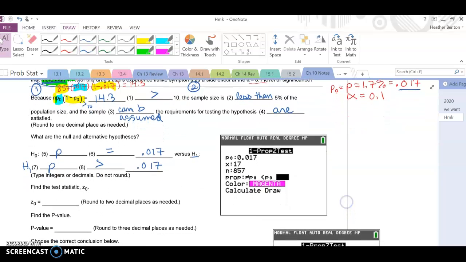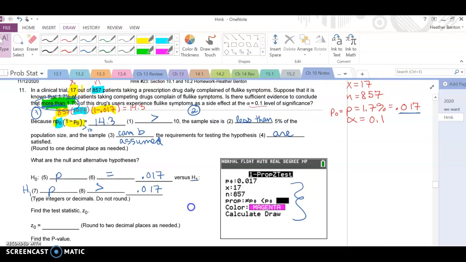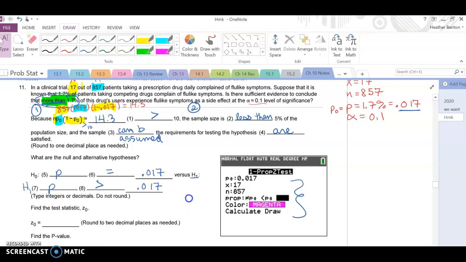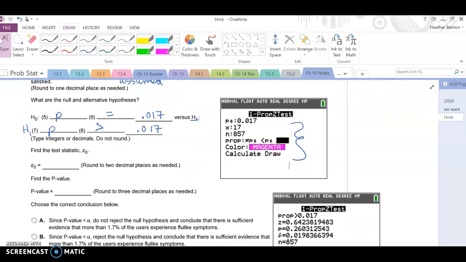Then I go to my calculator, and this is what I entered. My P naught is 0.017. My X is 17, that's how many people in the clinical trial had the flu-like symptoms out of 857 people.